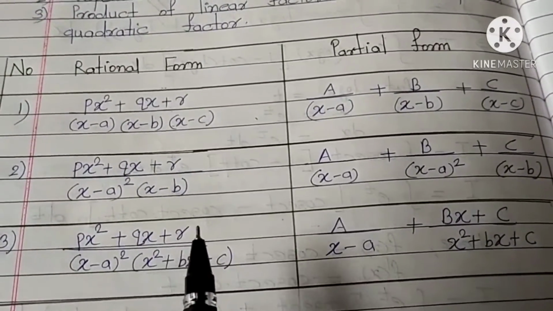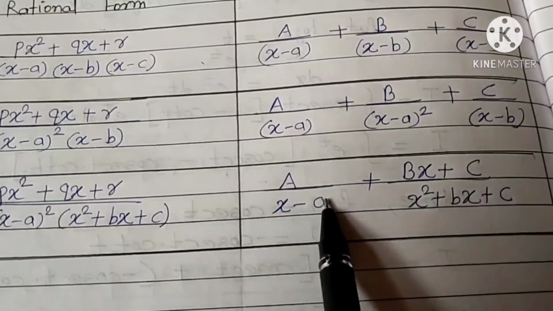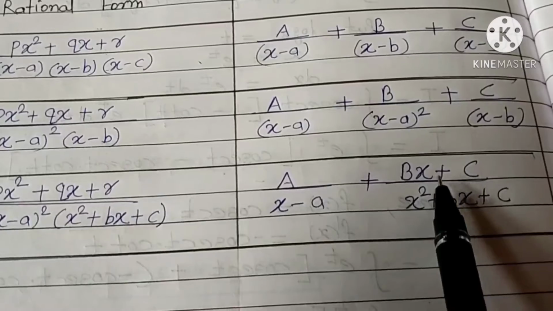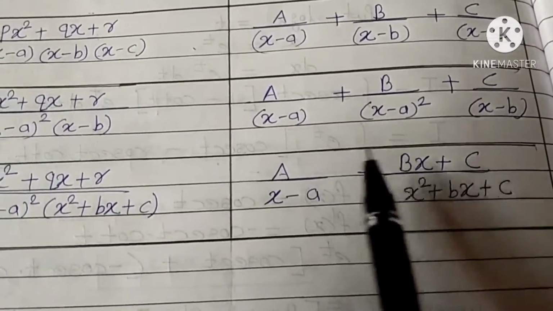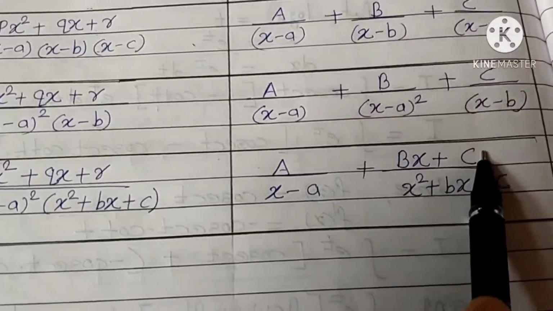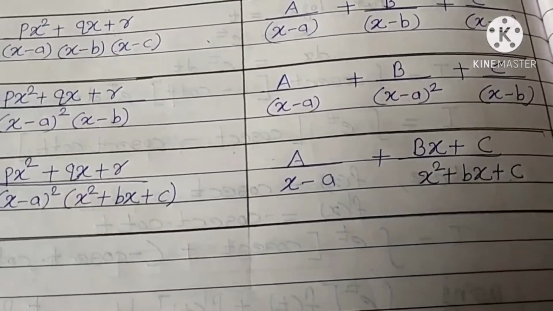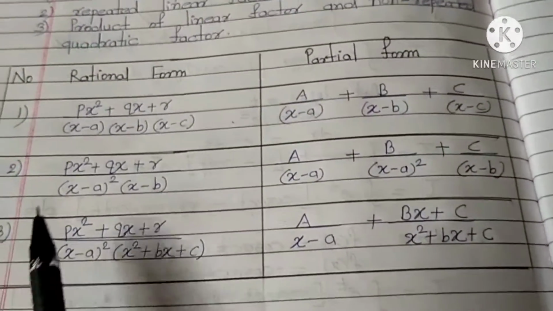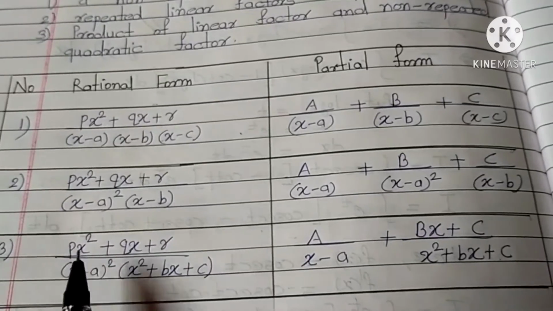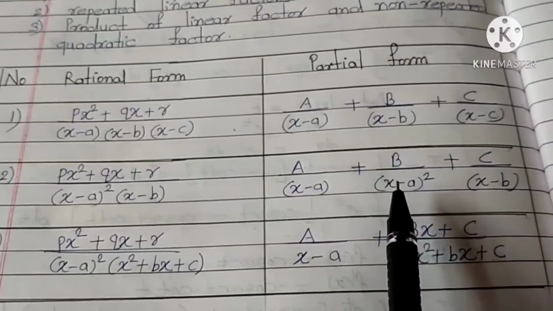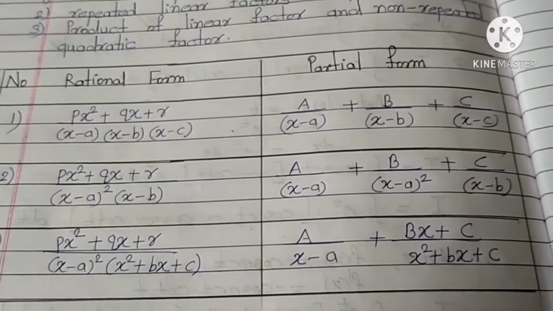It can be expressed in partial form like that: a upon x minus a plus bx plus c upon x square plus bx plus c, where a, b, c are three unknowns and we have to find these three unknowns to get the required solution. So these are the three types of rational form and we express them in partial form. So let us start to solve an example on it.